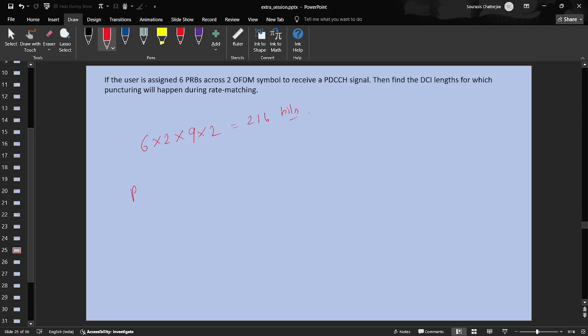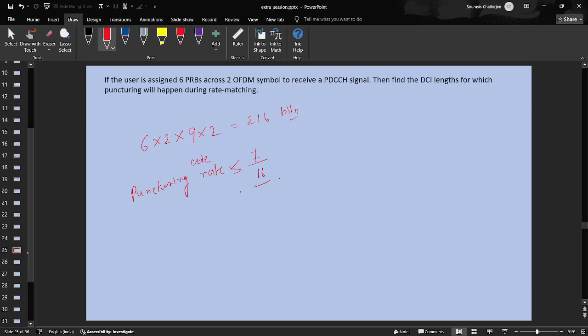By the way, for puncturing to happen, what is the condition? For puncturing, there is a restriction on the code rate. When the code rate is less than 7 over 16, we can go for puncturing.